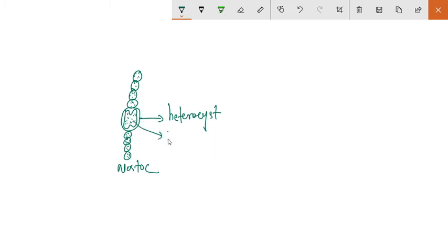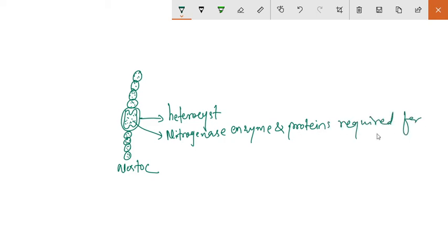Okay, this nitrogenase enzyme and the proteins required for nitrogen fixation are present in the heterocyst.